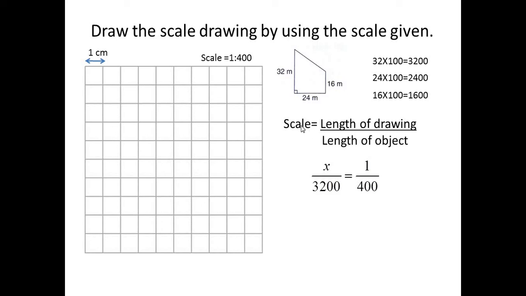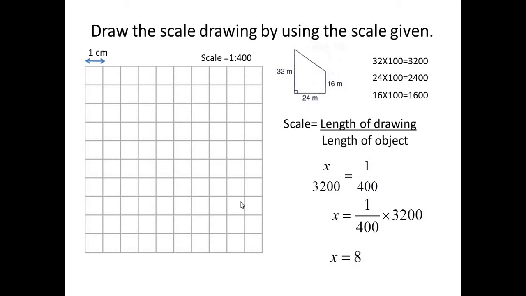This one comes from the scale given here. This is in ratio form, this is in fraction form. Cross multiplication: we're going to have x equals 1/400 multiplied by 3200, and finally the length of x is 8.